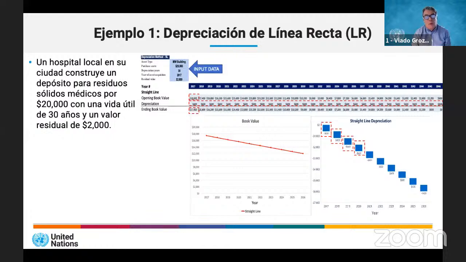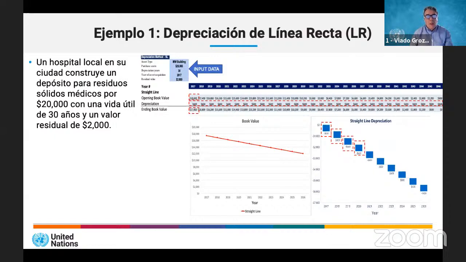This is very difficult using a calculator. That's why on the right-hand side you have an example of a very simple Excel tool, very easy to calculate, with the information graphically presented, so you can see how the accountants are calculating the depreciation.